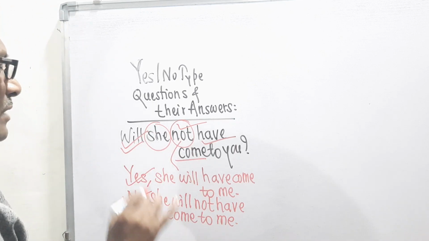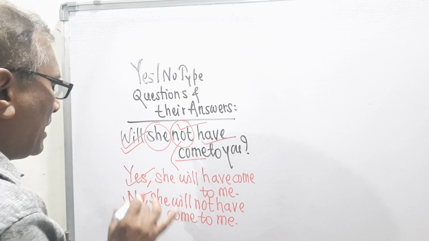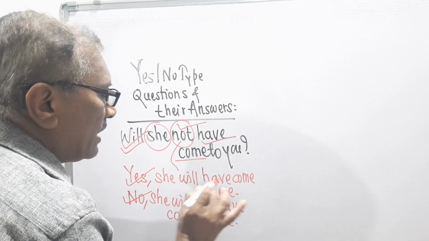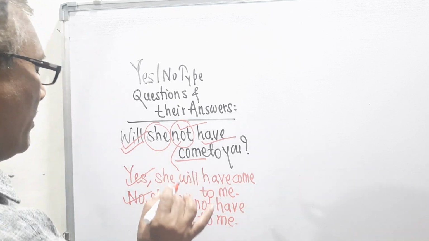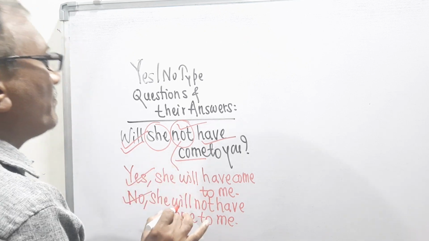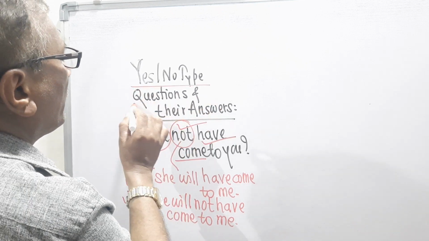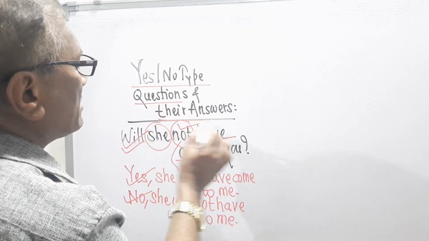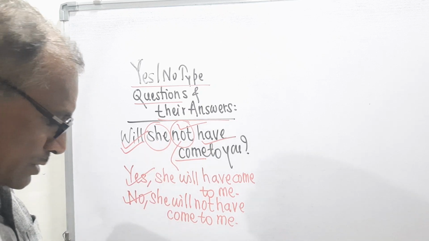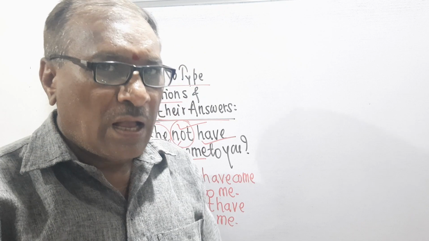And if the answer is in the positive sense, then we can say yes, she will have come to me. So remember, in this way the answers come, and that's why these questions are called yes-no type questions and their answers. So here today we have finished this topic.